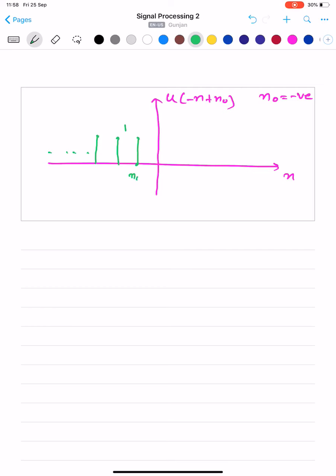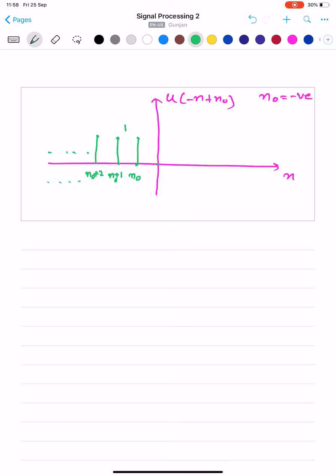So it will be n naught, n naught plus 1, n naught plus 2. So in this way the plot will go this side.